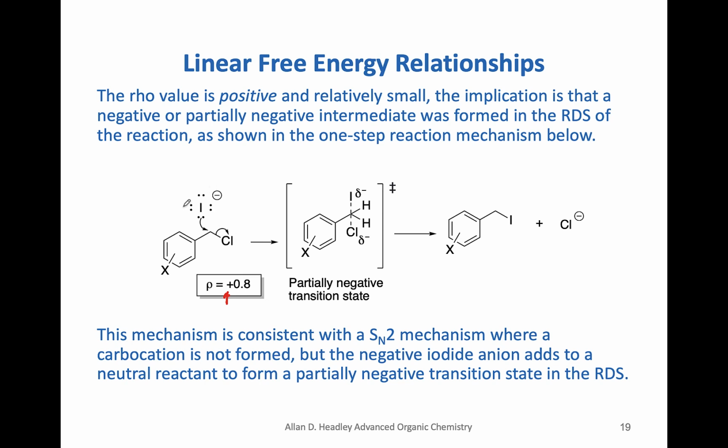So you can see this is negative, and the nucleophile comes into this carbon here, creating a partially negative transition state because the negative comes in and this is still here. So if you have an electron withdrawing group, it's going to stabilize this, which is opposite to if you have an electron donating group, which will stabilize the carbocation, but this is opposite.